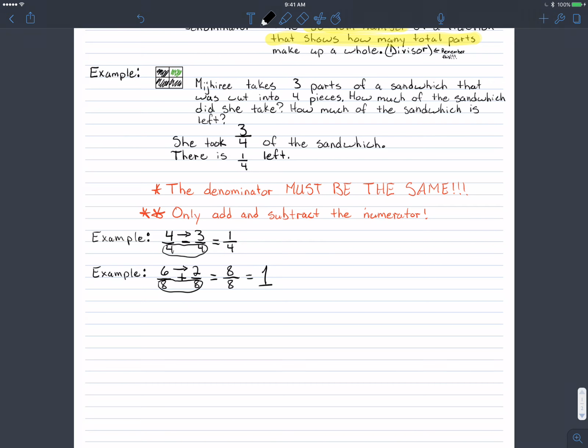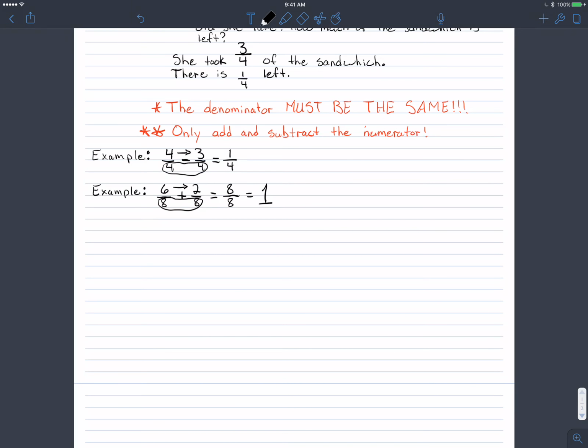Let's do a couple more examples. And when you show up in class, I'll put a couple exercise problems here. When you show up in class, hopefully you already have all of these worked out. Number 1, we'll do 5/10 plus 2/10. Number 2 will be 1/2 plus 1/2.